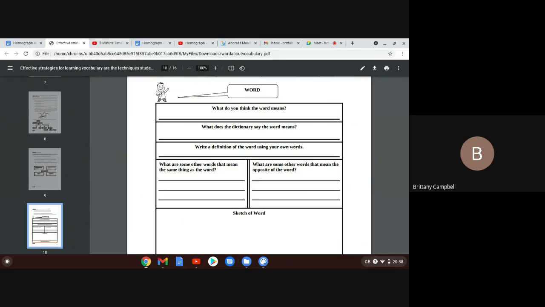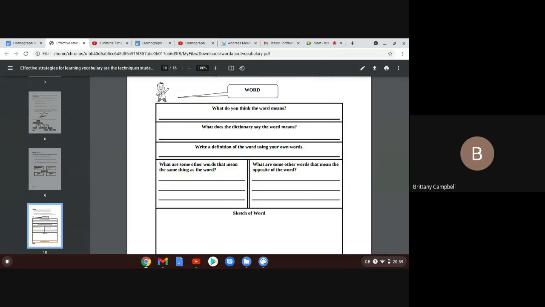Number three, write a definition of the word using your own words. So, based on my own words, I think live means, well, rather not think, but based on my own words, it means to reside in a specific area with or without other persons. Because I'm pretty sure that we're able to live by ourselves, yes?